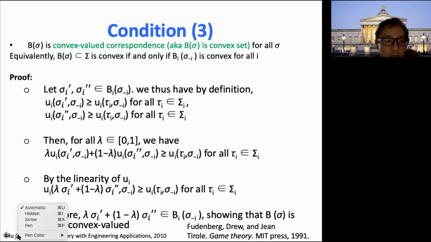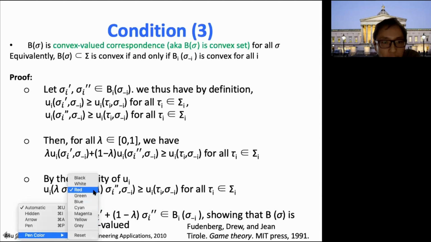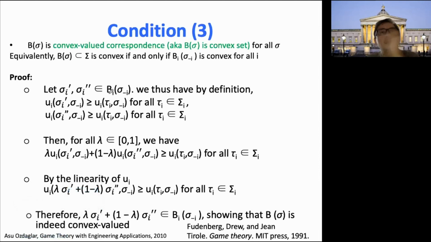This can be easily proved by thinking about, say, if these two belong to this best response set, given any opponent's play they got, you can immediately write down this equality because of the definition of Nash equilibrium for any tau.